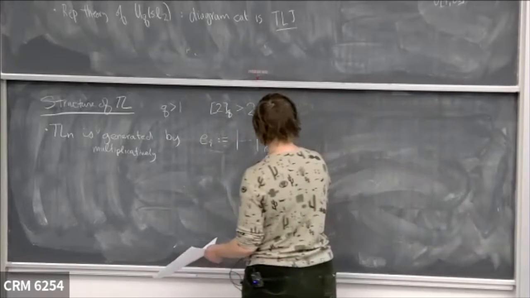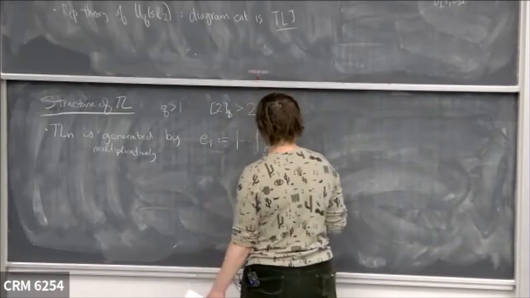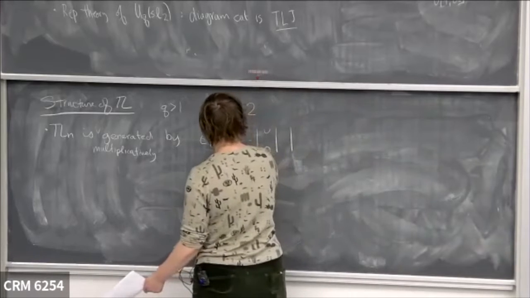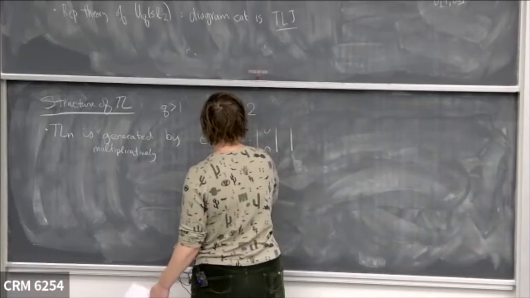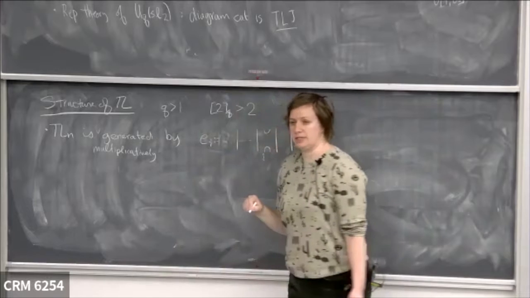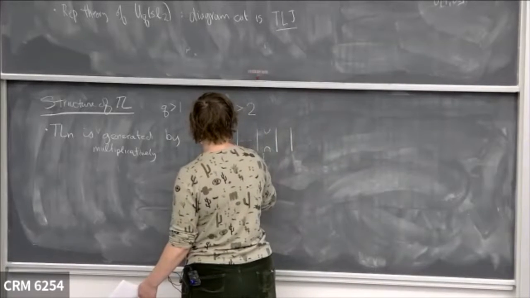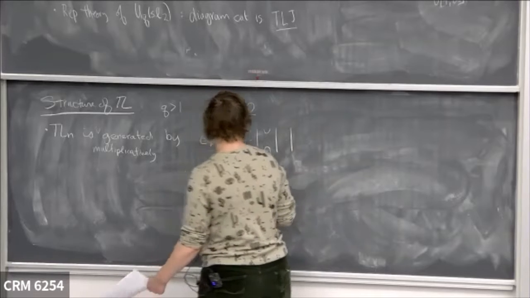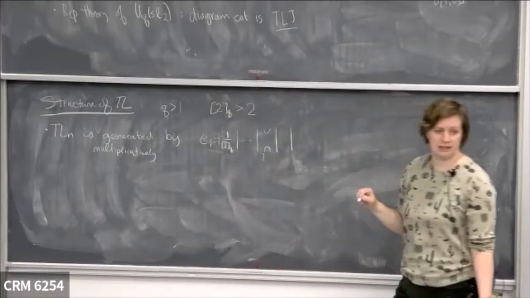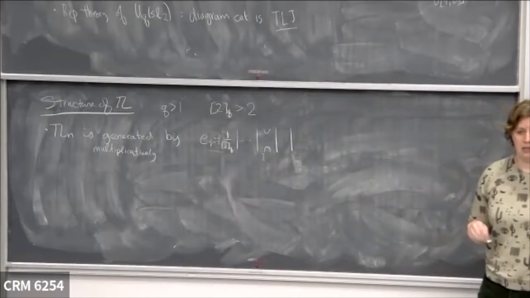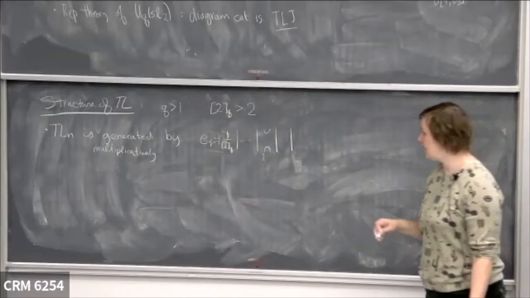This is at the ith position. And I'd really like for this to be a projection, so I'm going to put a factor of 1 over quantum 2 in front of it. Check for yourself that this is a projection.